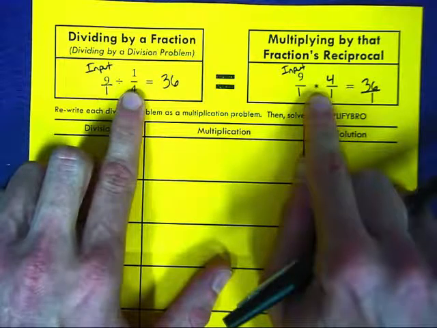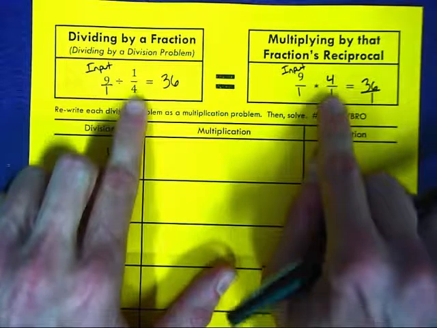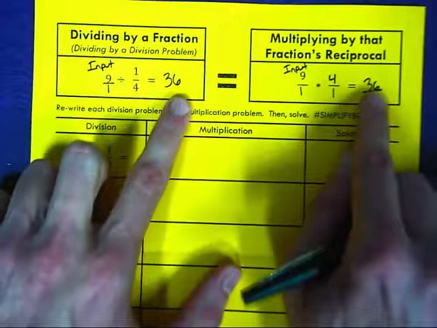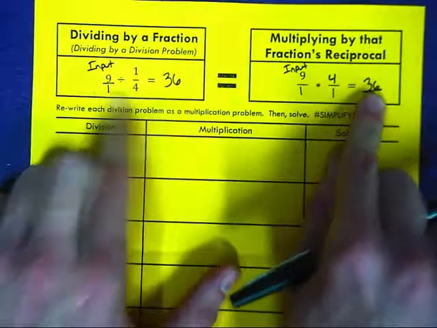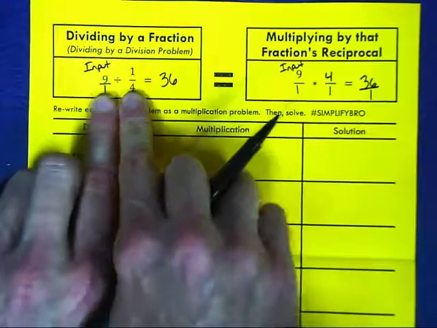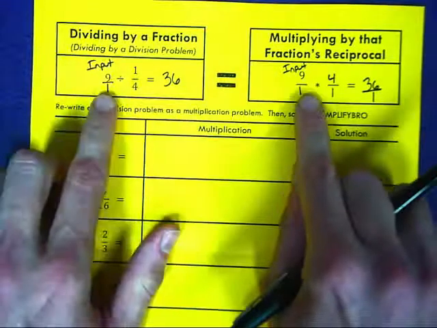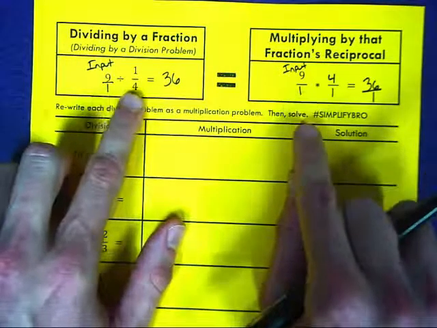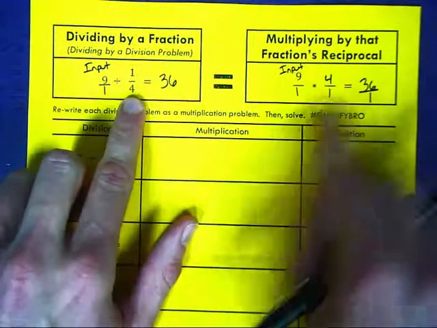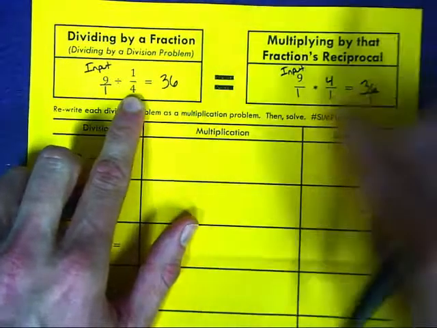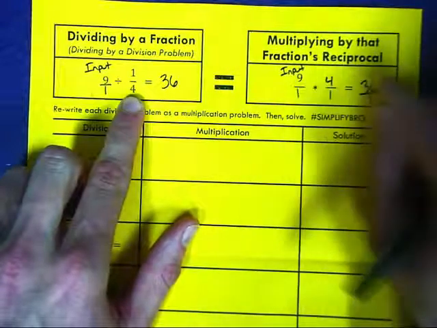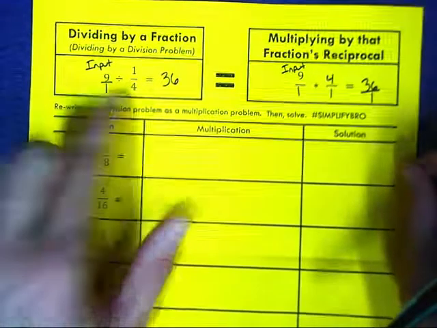If I flip that, I'm going to flip the fraction as well, and it has the same effect. Dividing by something small makes a number bigger. We started with a 9, divided by something small, 1/4, and the effect was that it multiplied the original number by 4 to end up with 36.